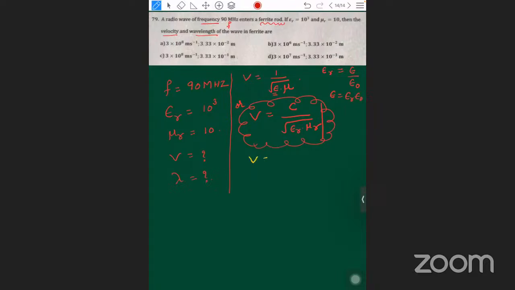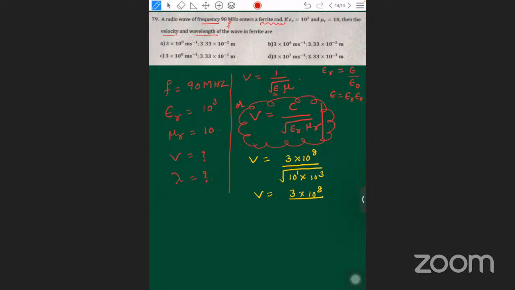Now velocity is equal to, you know that c value is 3 into 10 power 8 in air medium, divided by root of, what is epsilon r value? 10 into mu r value is 10 power 3, that is 10 into 10 power 3. That is 3 into 10 power 8 divided by root of 10 power 4.